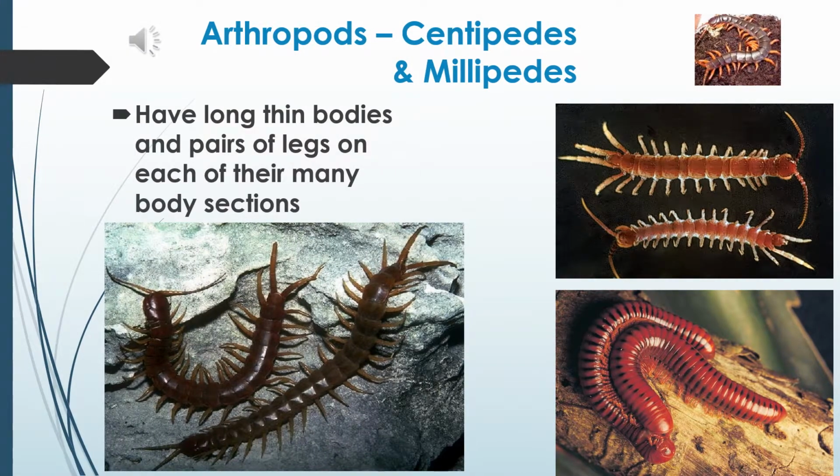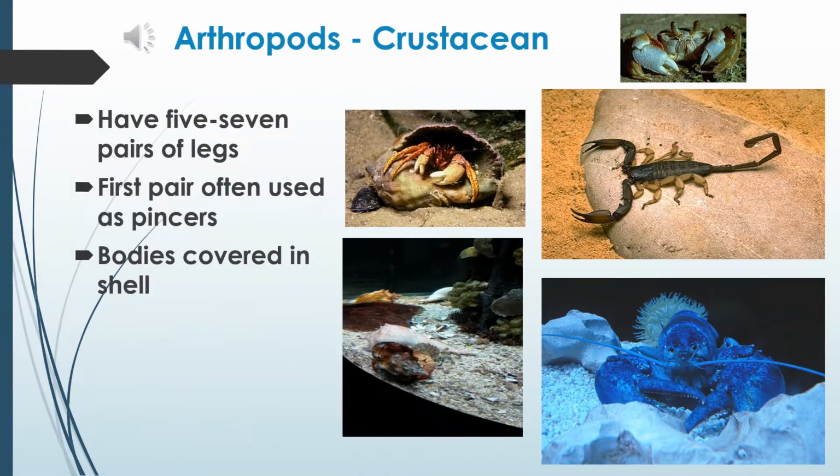Centipedes and millipedes have long, thin bodies and pairs of legs on each of their many body sections. Crustaceans have 5 to 7 pairs of legs. The first pair is often used as pincers, and the bodies are covered with a shell.